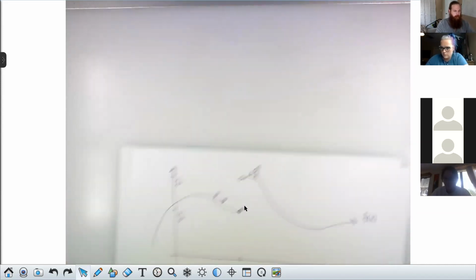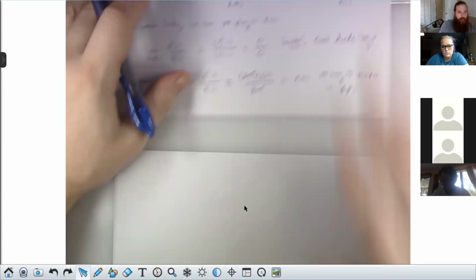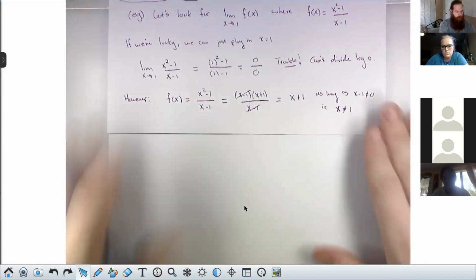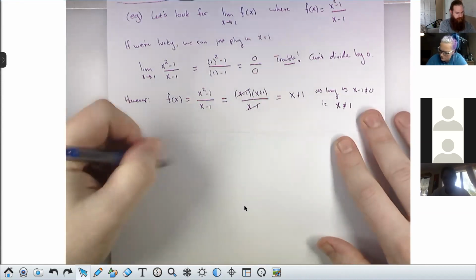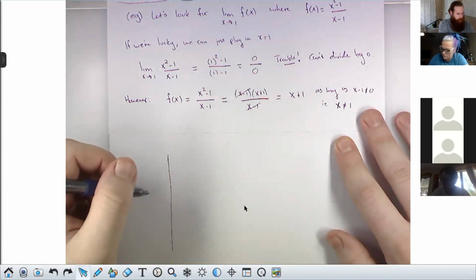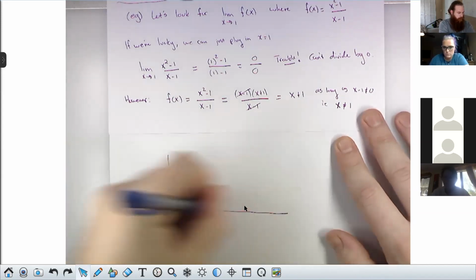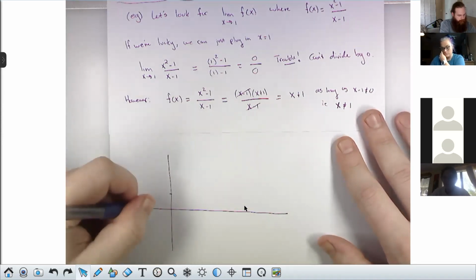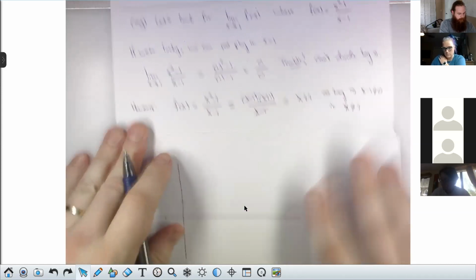So let's draw the graph. All right, well, here's y equals x plus 1.